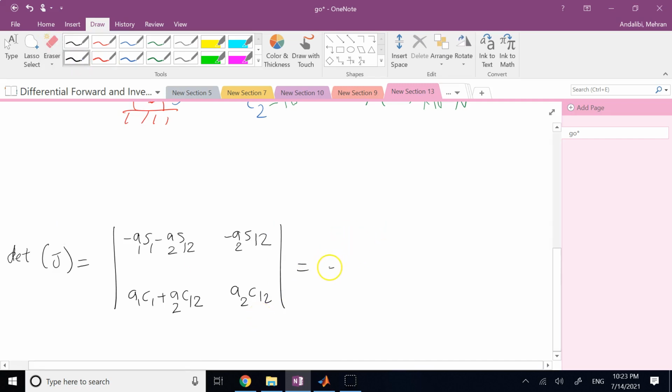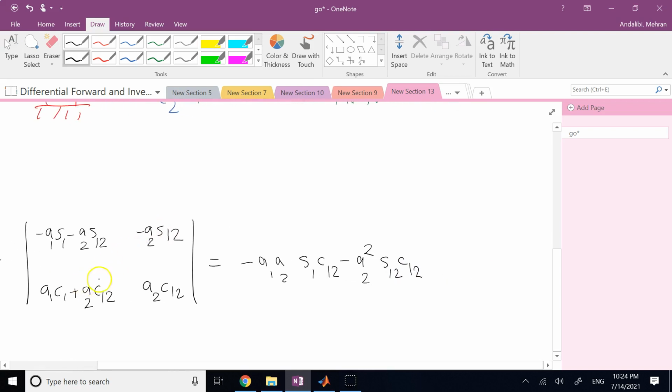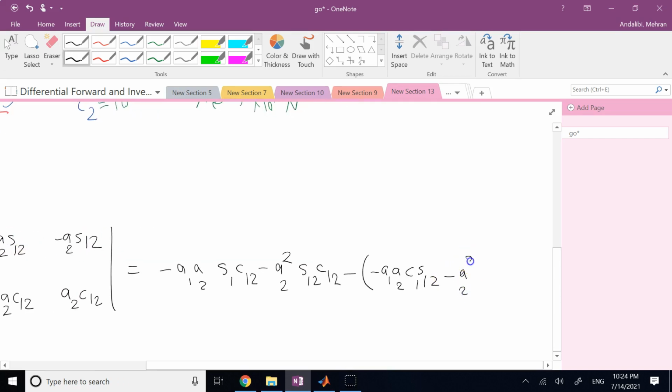So you will get negative A1, A2, S1, C12, then negative A2 squared, S12, C12, minus the product of those, where the product of those is negative A1, A2, and then C1, S12, and then you have negative A2 squared times S12, C12. This whole thing should be 0.